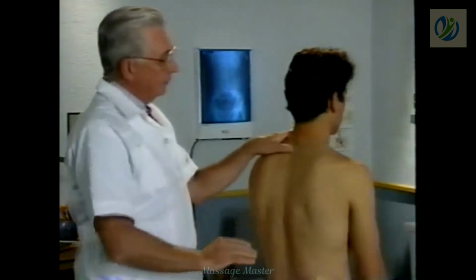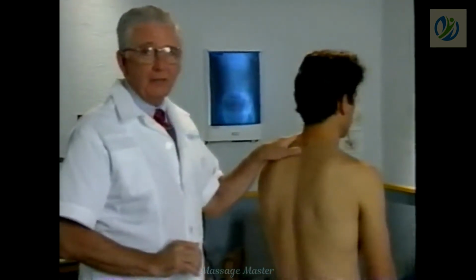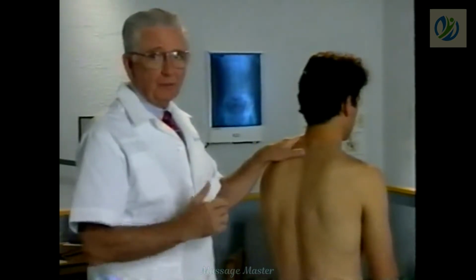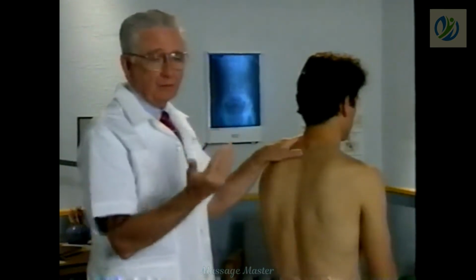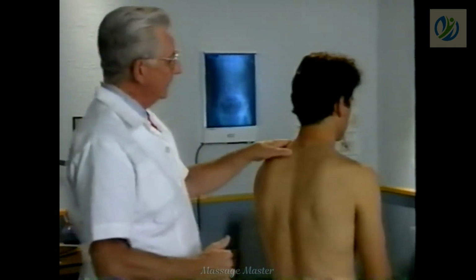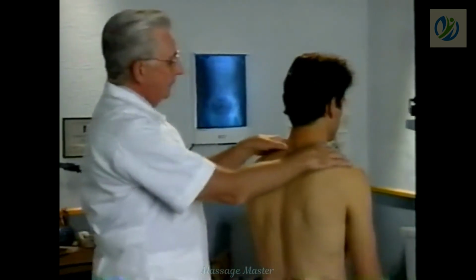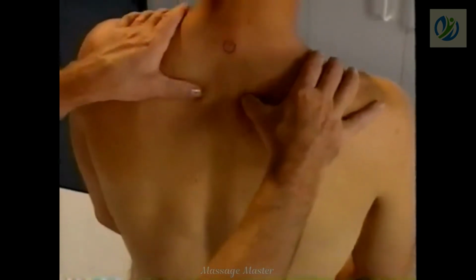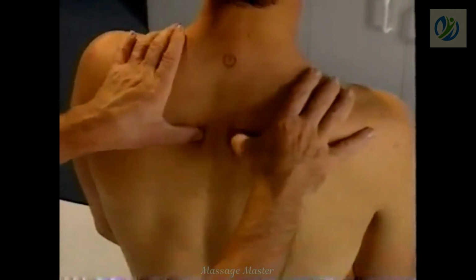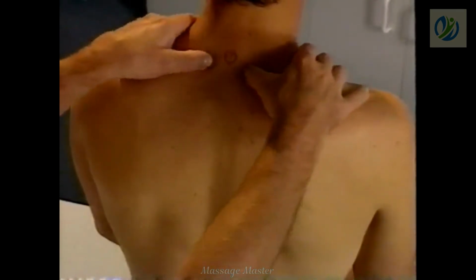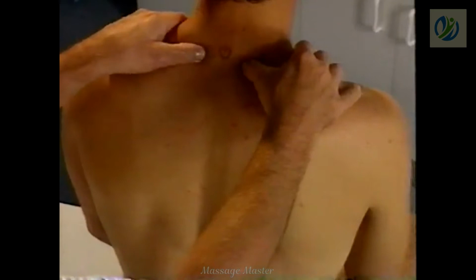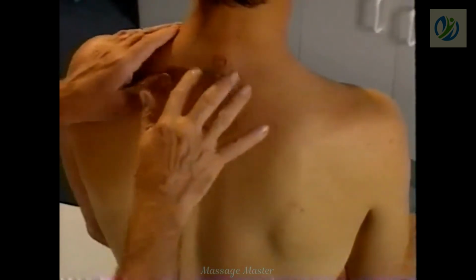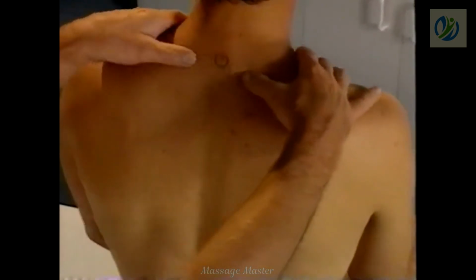Now we will also want to use the transverse processes as our landmark to follow motion and infer the capability of flexion, extension, side bending, and rotation to opposite sides and to the same side. In the upper thoracic spine, the transverse processes are approached from the lateral aspect of the longissimus, and we will go anteriorly and medially through the tissues until we can come down onto a transverse process and relate that to the one above and the one below.